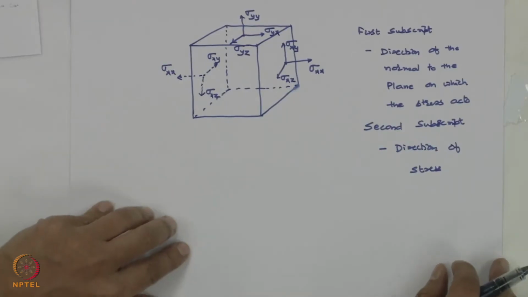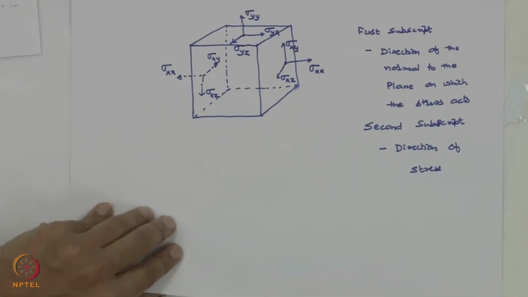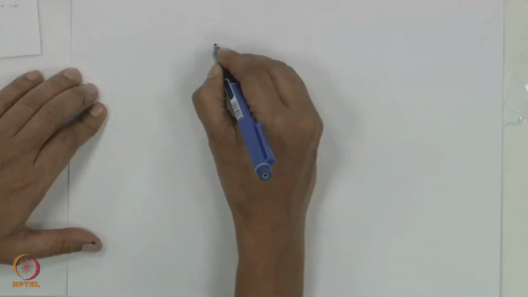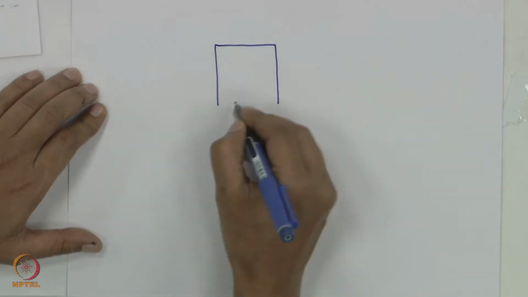Now let's do the bookkeeping of the forces. Remember, on the right hand side, sigma F_CV was there. We are going to write what is sigma F_CV. That is, I take a parallelepiped again.